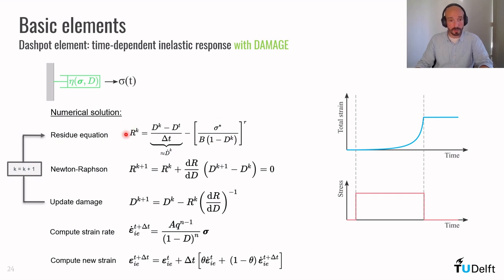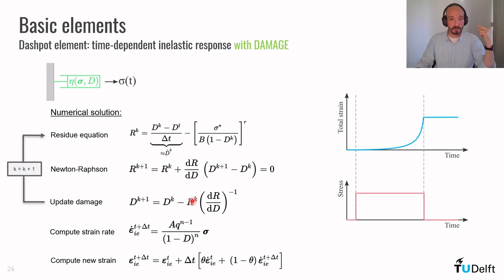Now comes the Newton-Raphson. We say that the residue for the next iteration k+1 equals the residue of the previous iteration, rk, plus the derivative of residue with respect to damage multiplied by the variation of damage. So damage k+1 minus damage at iteration k. And this, according to the Newton-Raphson method, has to be zero. So this residue has to be zero. What I don't know in this equation is the damage at k+1. So I solve this equation for dk+1. I know the damage value at the previous iteration, k.